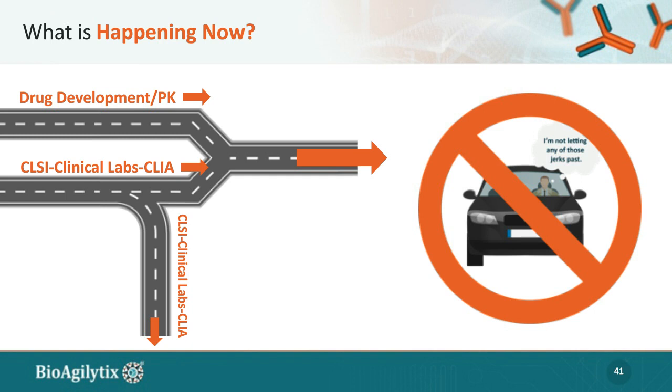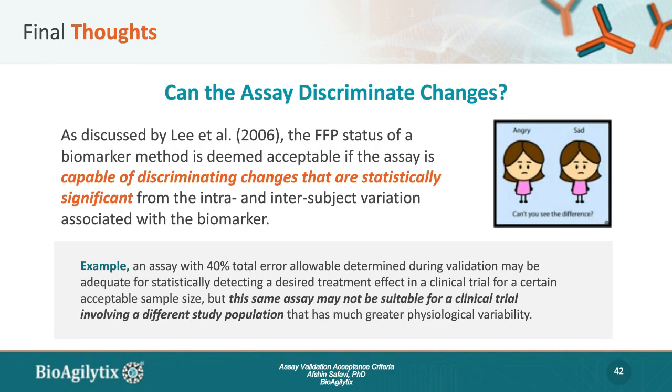So just a couple of final thoughts that I want to bring up here. This is truly from Dr. Jean Lee's paper, and again, more stress was put on this in the CPAT Piccoli paper.